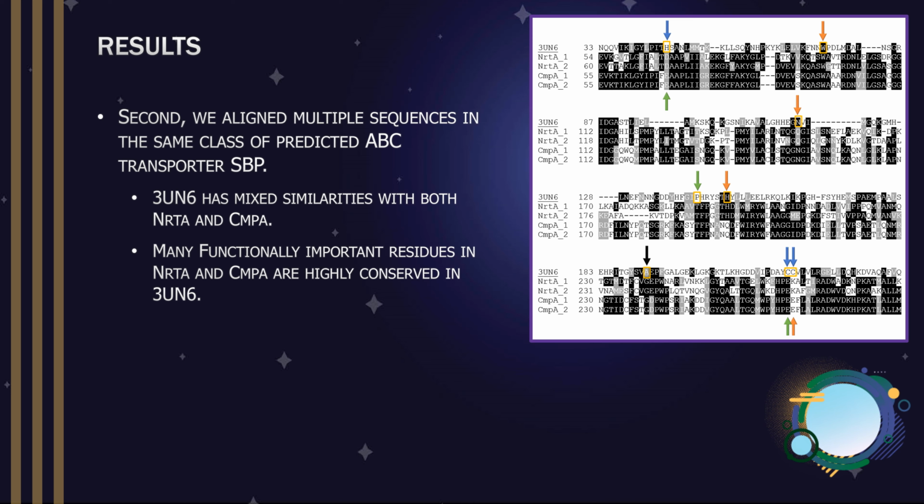But what we mainly got is that a lot of the residues that are important for nitrate and bicarbonate binding in these NRTAs and CMPAs are highly conserved in 3UN6. Not one is more similar than the other, which is interesting because you'd think one might be more similar than the other, but they kind of shared across the board. So on to the third one.